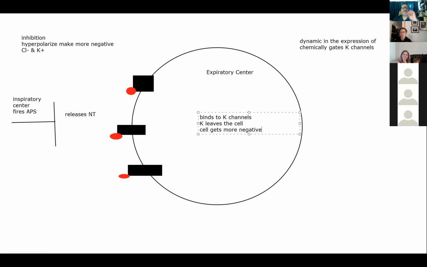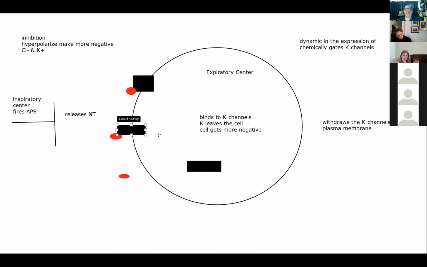Excellent. All right. So here's what's interesting about this cell. As it starts to lose a lot of potassium, it will actually withdraw the potassium channels from the plasma membrane. So what happens is it endocytoses these. It grabs this and brings it in, and grabs this and brings it in, and grabs this and brings it in.